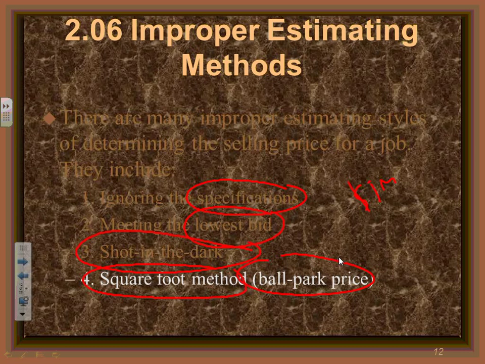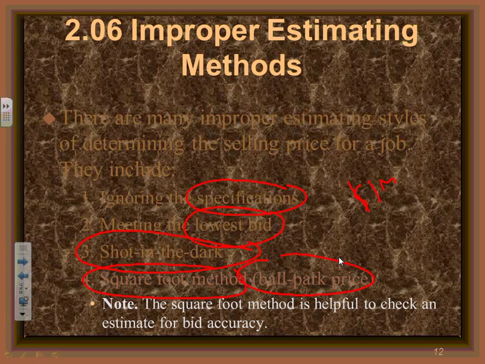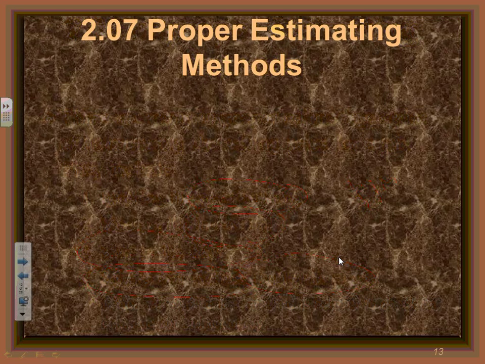A lot of people use the square foot method to check their estimate. After they do the detailed method, which is the proper way, then you check the square foot. What's the dollar per square foot that this building is going to cost, and compare it to the historic data that you have in order to make sure that you are on track. So the square foot method by itself is not a proper way of estimating, but it can be used to check your detailed estimate.